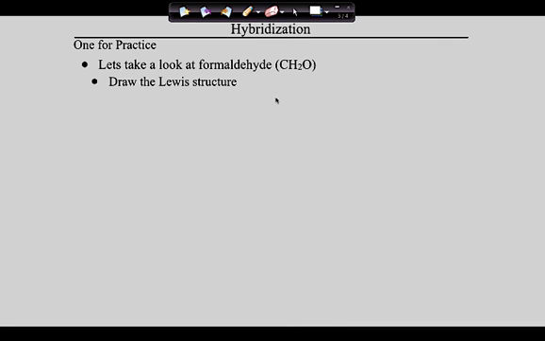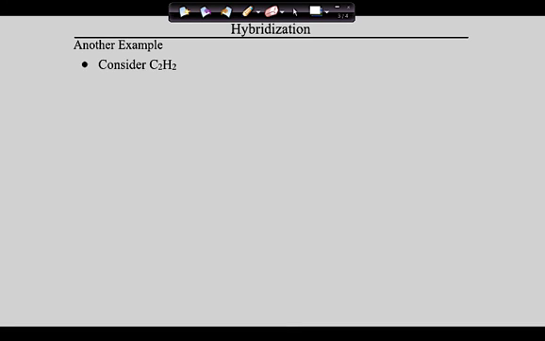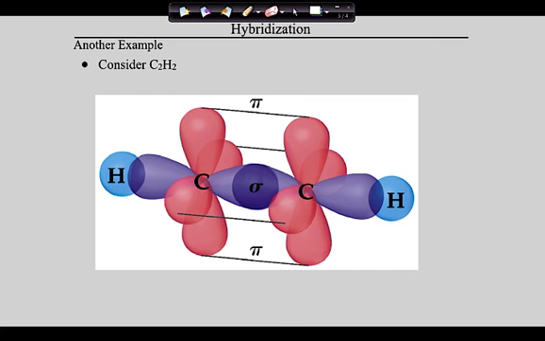Guys, it would look like this: H, C, C, H. So there's 2 domains on each carbon. That would be an sp hybrid. This would be an sp hybrid. And when we pull that all together, it looks like this. This is our sp hybrid, our sigma bonds, and our pi bonds. You get the idea? Crazy, right?